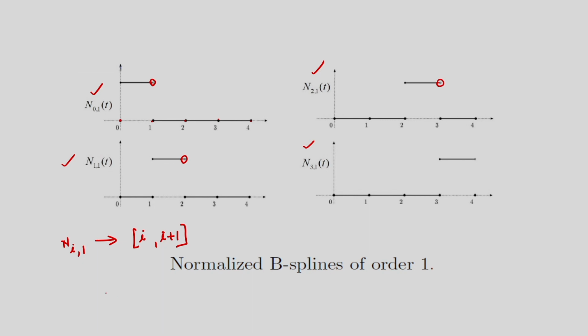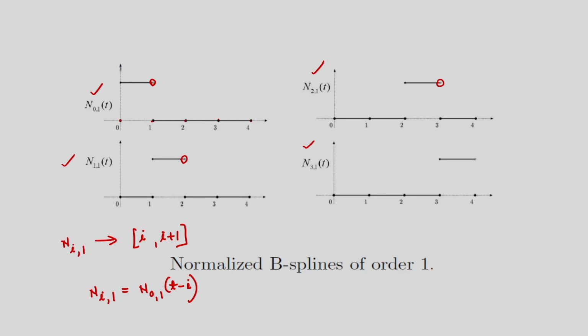And in this case Ni1 is nothing but N01 of T minus I. That means I am considering the shifting. So from N01 I can determine Ni1 by shifting. So this is about the functions N01, N11, N21 and N31.